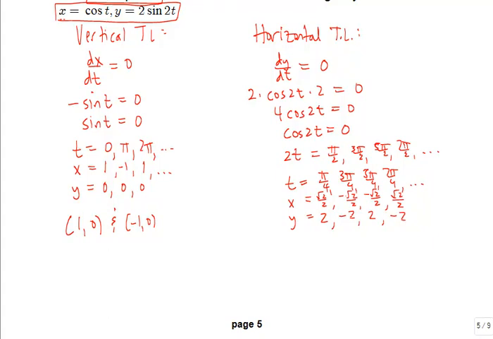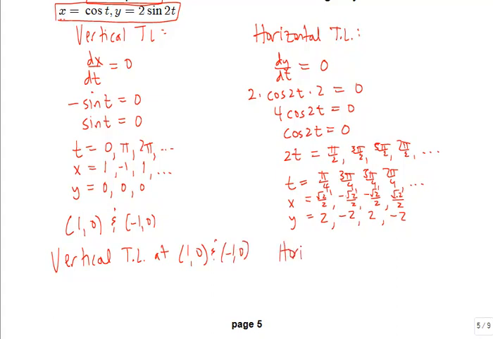So these are actually all 4 different points, because you've got x being positive and y positive, x negative, y negative, x negative, y positive, x positive, y negative. So they're all 4 different points. And none of these overlap with the points that we got over here. So we're going to have vertical tangent lines at (1, 0) and (negative 1, 0).